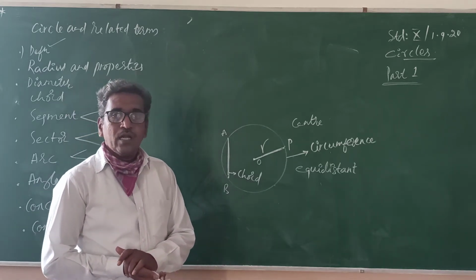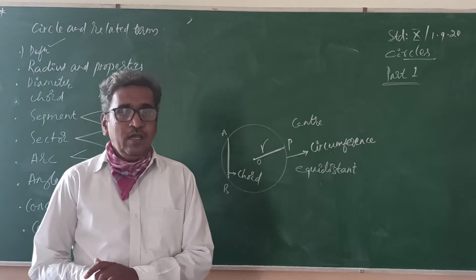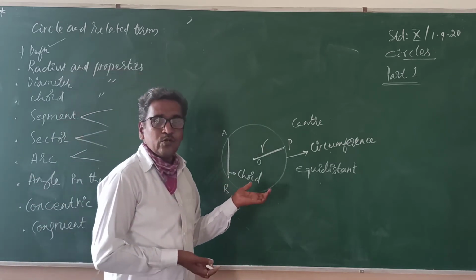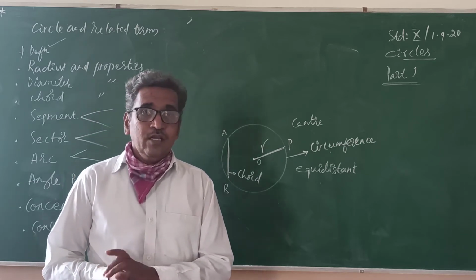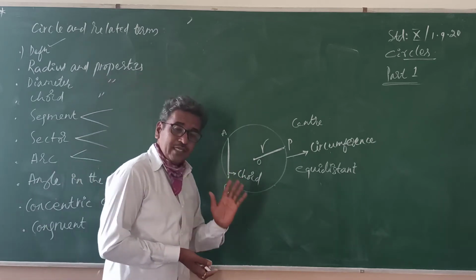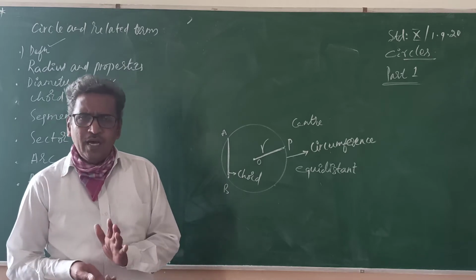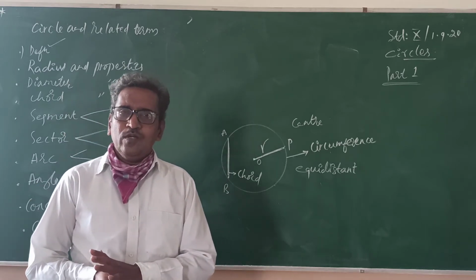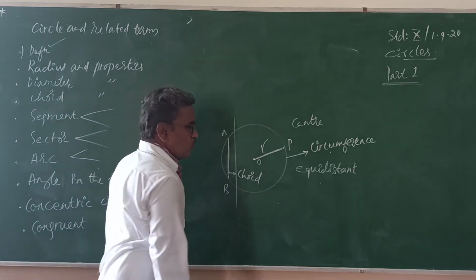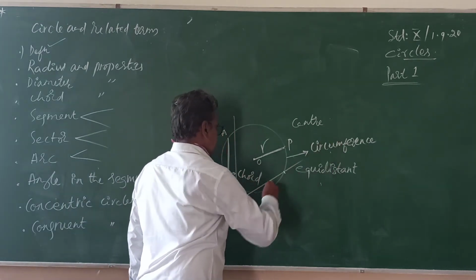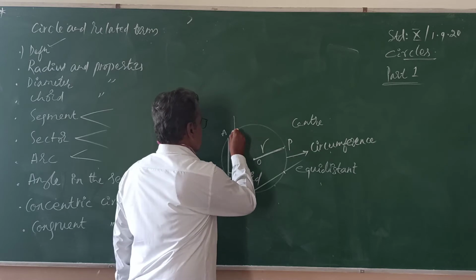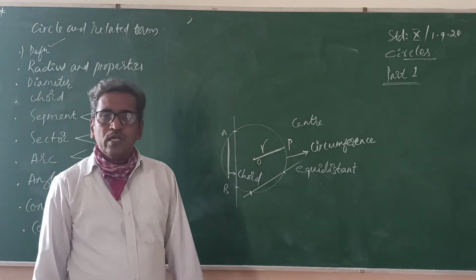How many chords can be drawn? Infinite numbers. So an infinite number of chords can be drawn. Are all chords equal? No, because another chord you can also draw. Yes, these are the chords. So all chords are not equal.